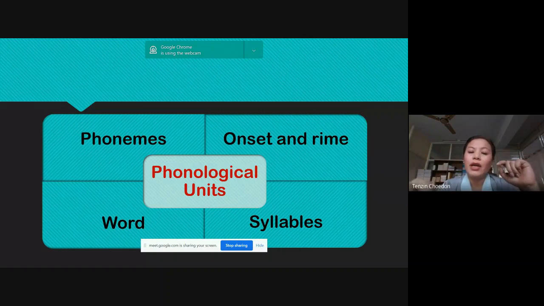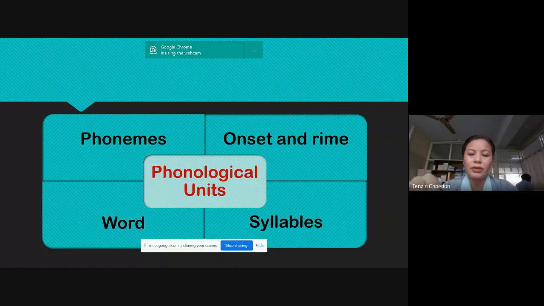We have onset and rhyme, then we have syllables and then word. So these are what we call phonological units. Is it clear? So we will come to all this one by one.